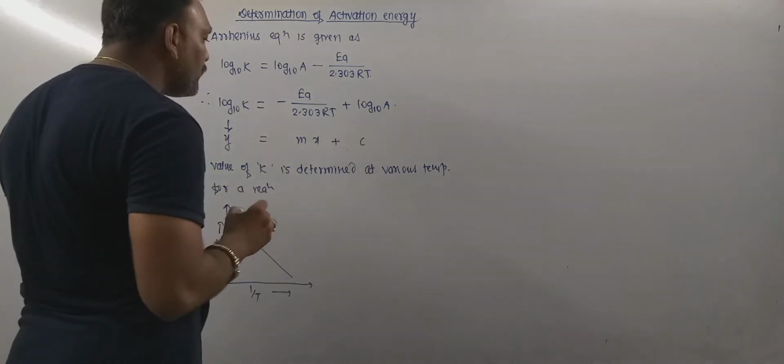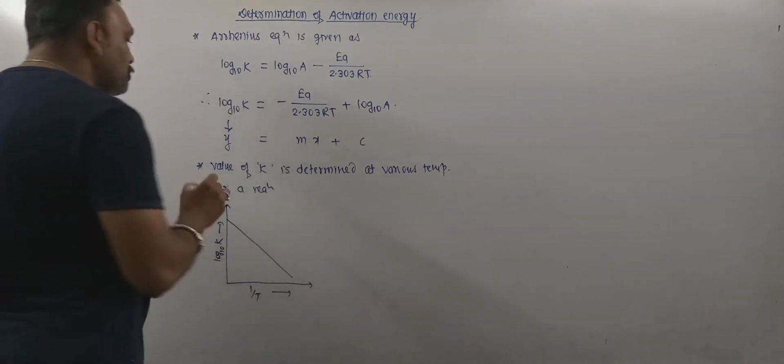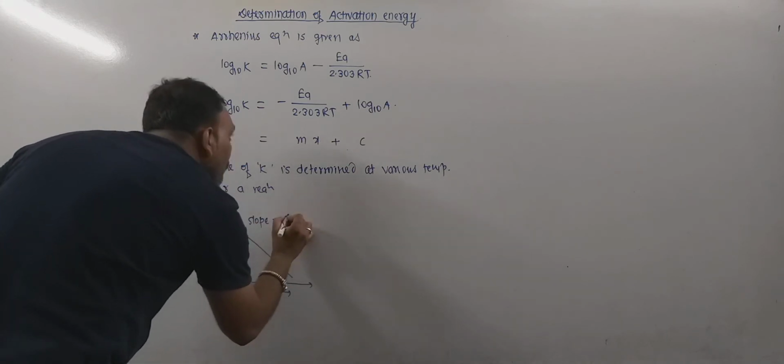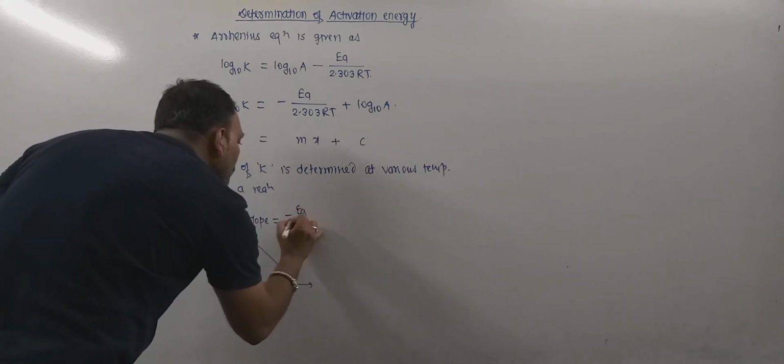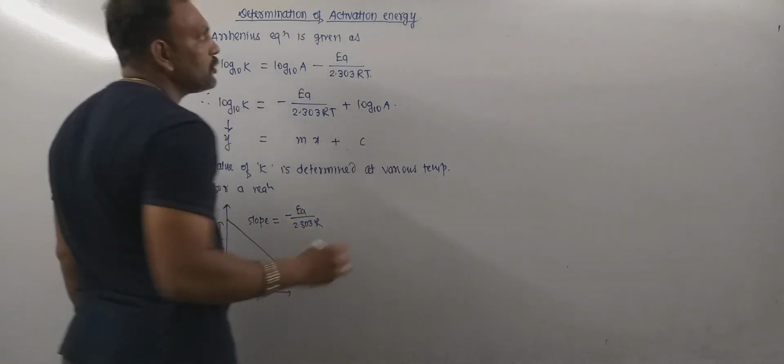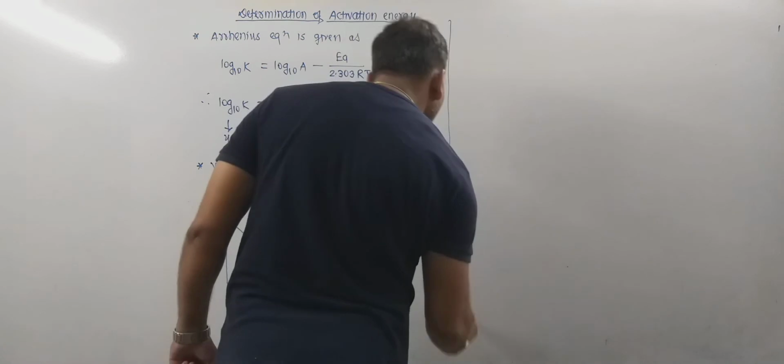Now if we calculate the slope of this line, remember, the slope comes to minus Ea upon 2.303 R. So this is the slope. This is a very important thing to be noted.